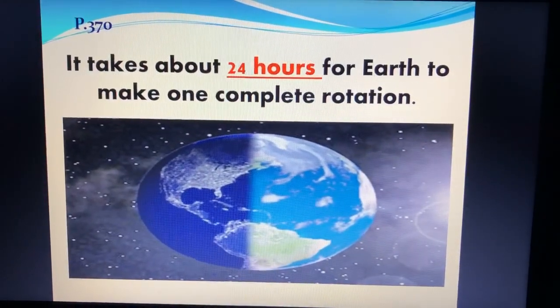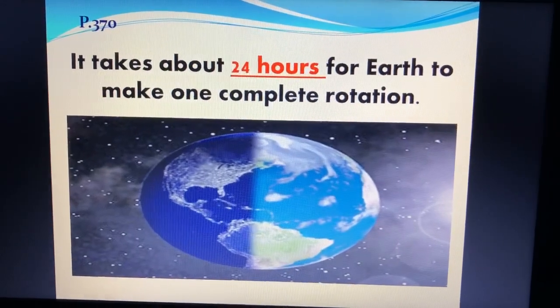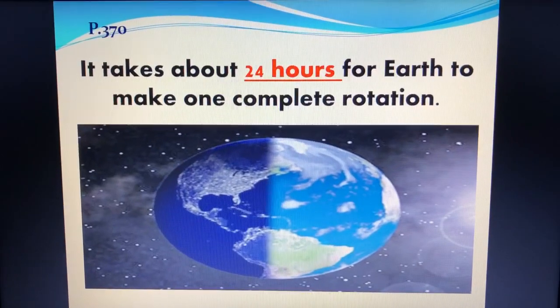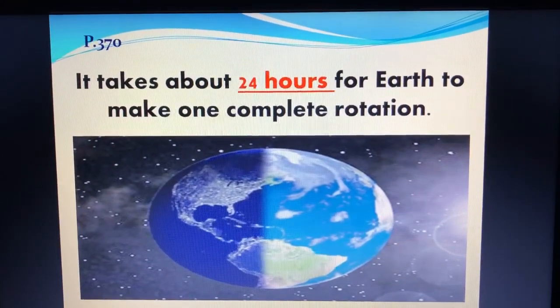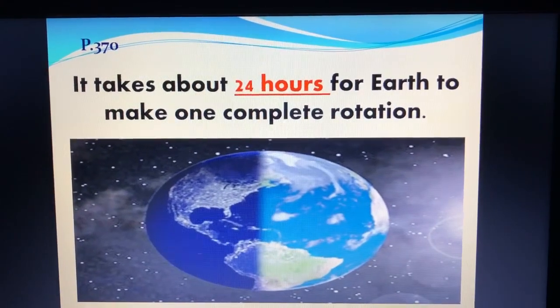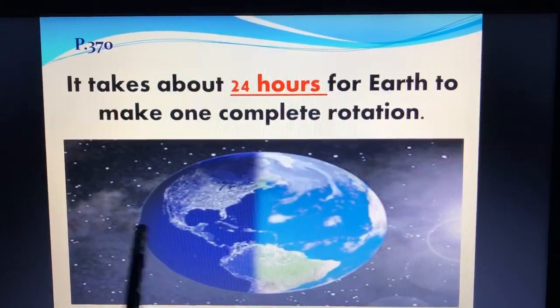It takes about 24 hours for Earth to make one complete rotation. So 1 day to make a whole round.